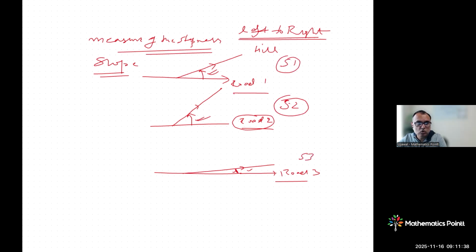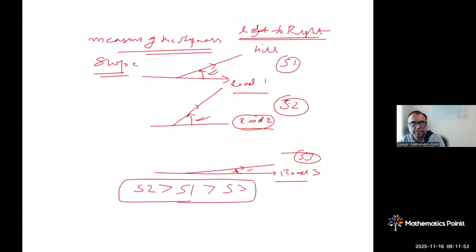So the slope of road 2 is greater than the slope of road 1, which is greater than the slope of road 3. A synonym of slope is gradient. You will hear these two terms used quite interchangeably in mathematics.